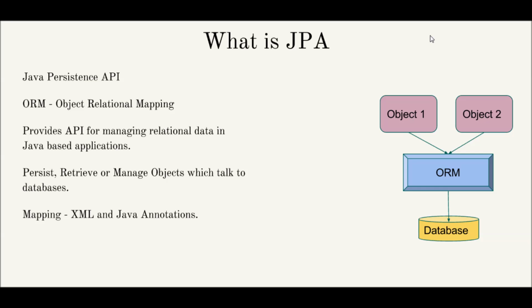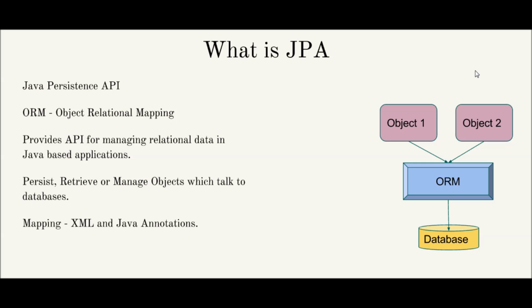So these things can be done if ORM is configured so that objects can talk to the ORM and ORM in turn talks to the database. So your objects can directly map to the database row without the use of SQL. So here JPA plays the role of ORM.